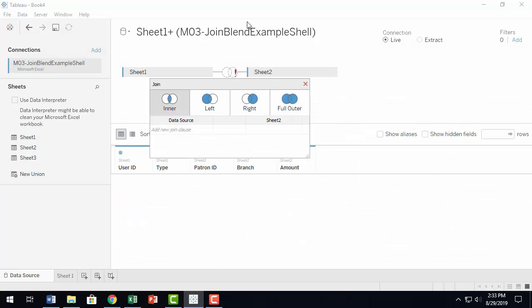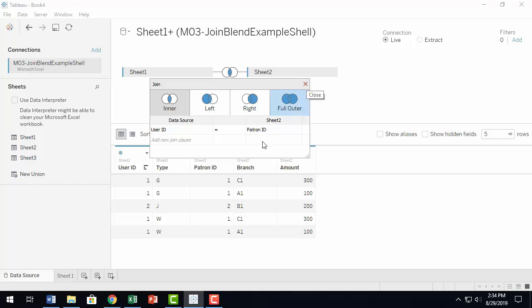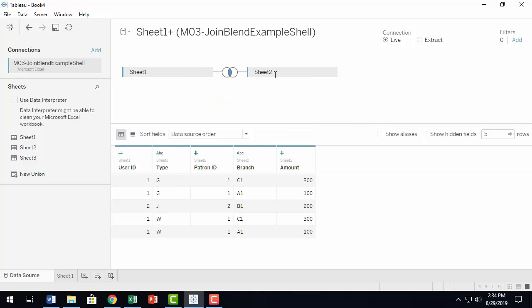Let us do that here. You have your left side, which is user ID equal to pattern ID. So, now you see the 4. Now we have an inner join here, and there are the same 5.